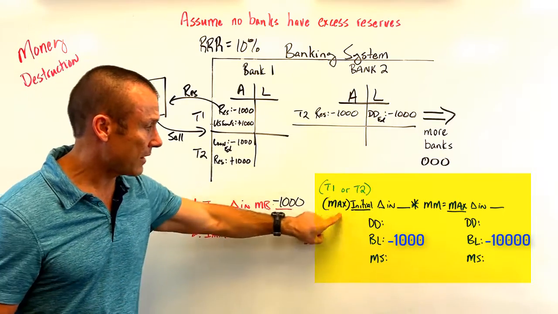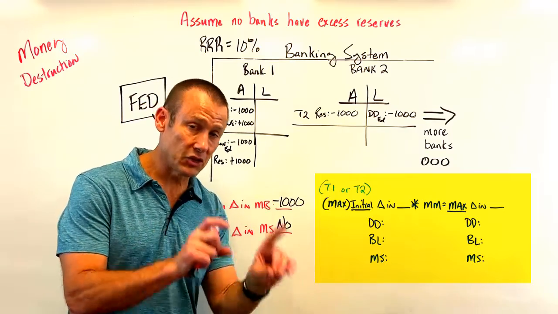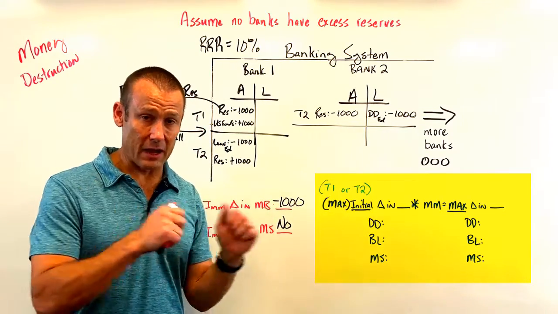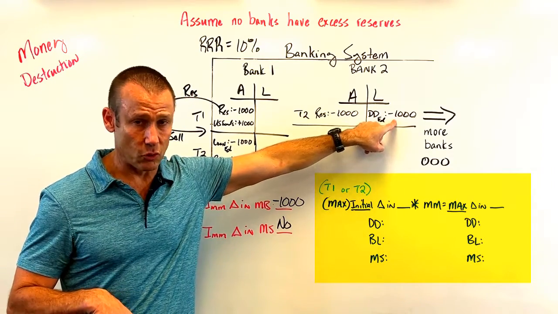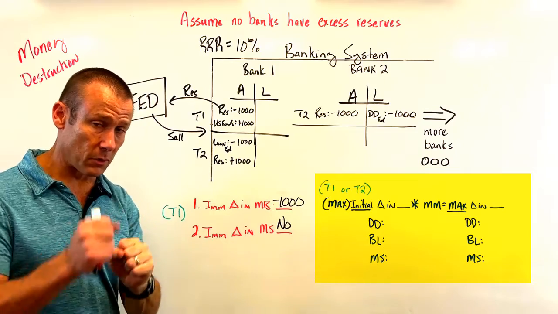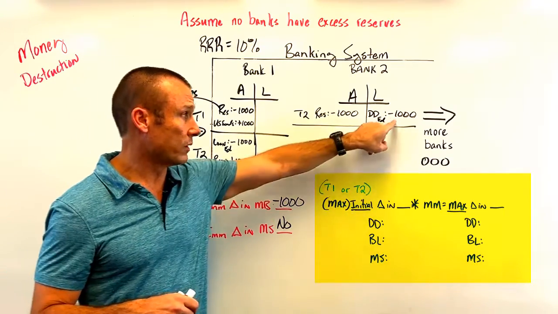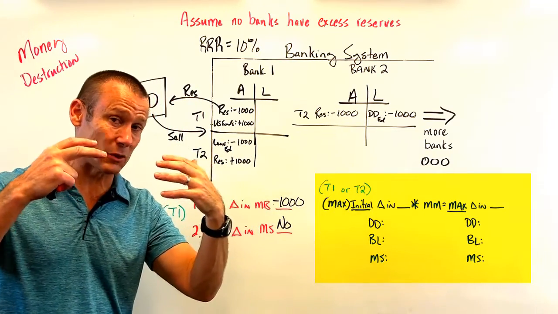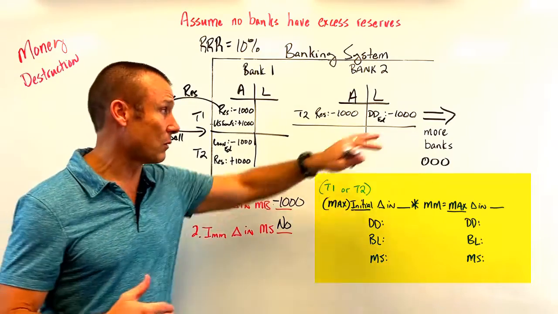The final question, maximum initial change in the money supply. Well, the money supply changed when bank lending changed, when that loan got repaid, right? When that loan got repaid, we see money being destroyed, okay? So again, remember, Ed was called up. He had to repay that loan, $1,000, which decreased his demand deposit by $1,000, and we saw that demand deposit go down by $1,000. That's him losing the ability to buy goods and services by $1,000.